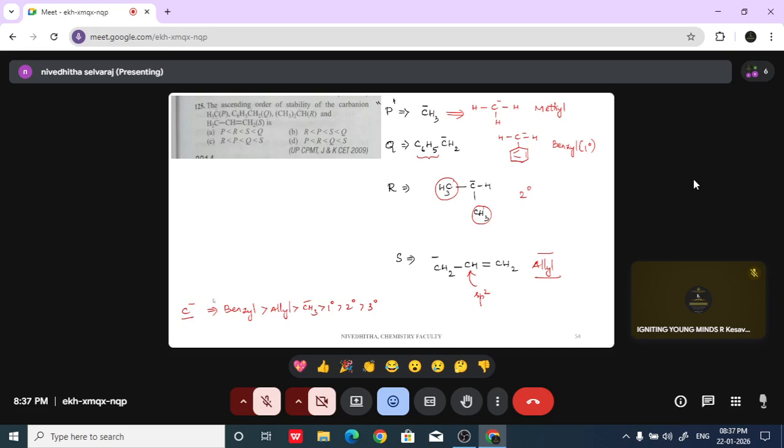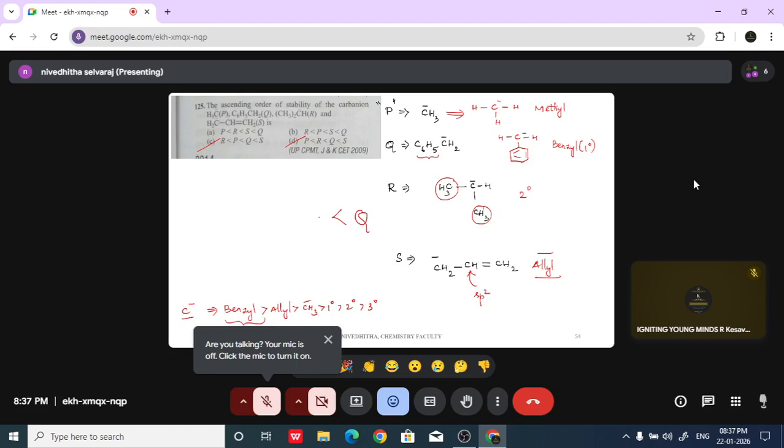We know that the most stable one is benzyl, right? Here, which is benzyl? Q is benzyl. So Q is the most stable one, which means option C and option D were ruled out. Next, after benzyl, we know allyl is most stable.